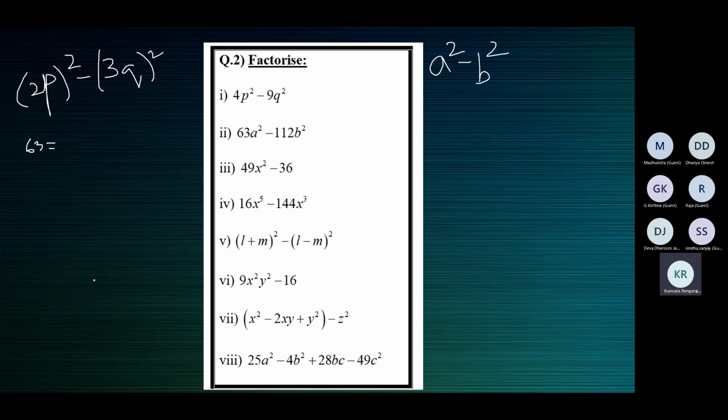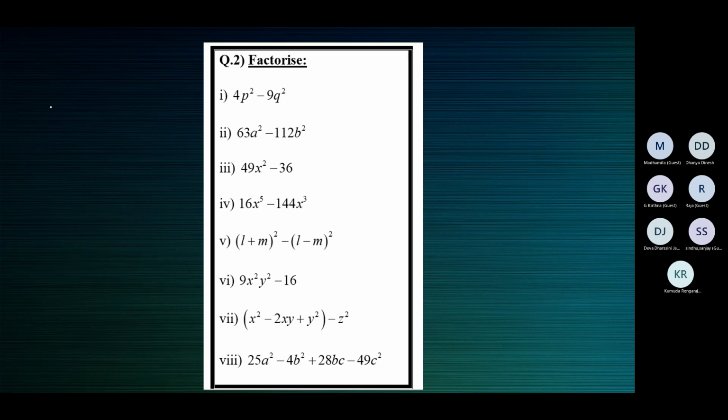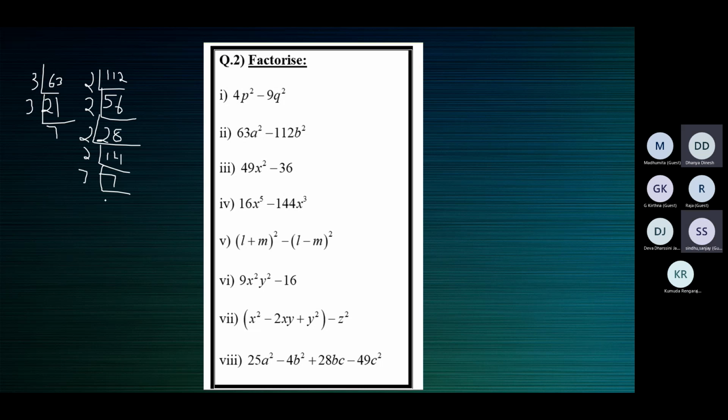63 can be, see, you can do this method also. So what's the HCF, children? 7, ma'am. 63 has 3, 3 and 7 in it. 112 has 2, 2, 2, 2 and 7 in it.